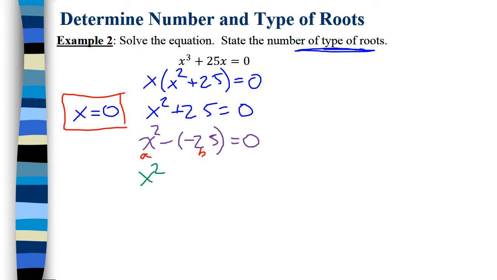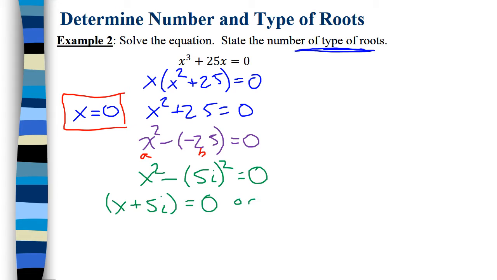So x squared minus 5i quantity squared equals 0. And so that means that x plus 5i equals 0, or x minus 5i equals 0. And so if we solve for x, x equals negative 5i, or x equals positive 5i.